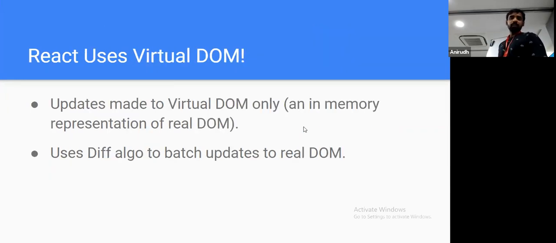React uses the virtual DOM, which is an in-memory representation of the actual DOM. All the updates are batched together and then the updates are made. That has a performance improvement, and it has a diff algorithm which compares the in-memory DOM with the real DOM.